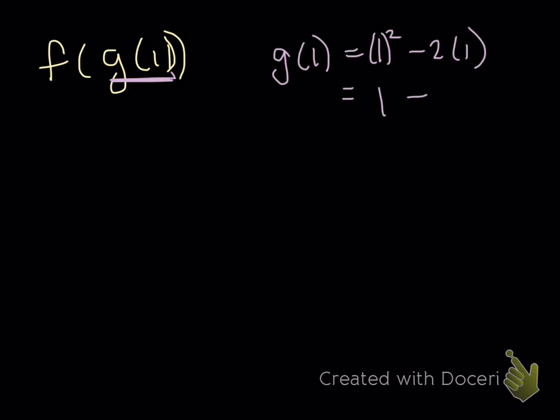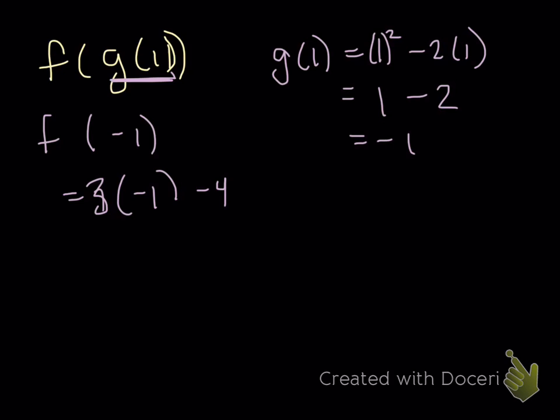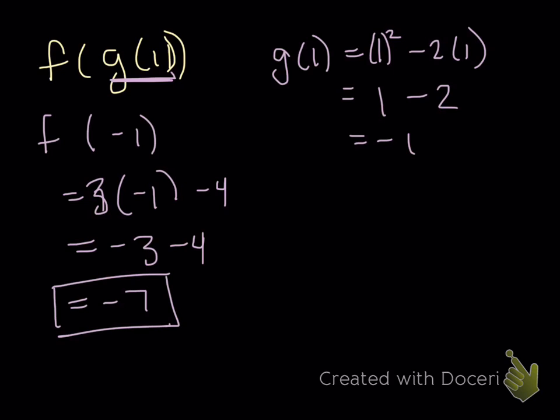So 1 squared is 1 minus 2 is negative 1. So now I go back to this problem, and where I see g of 1, I replace it with negative 1. Now I'm evaluating f at negative 1. So I have 3 times negative 1 minus 4. Negative 3 minus 4 is negative 7. So that's our final answer.